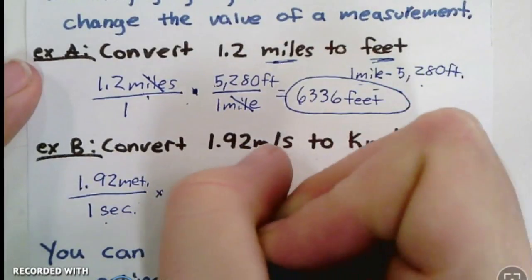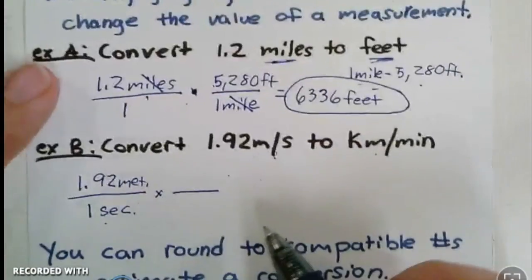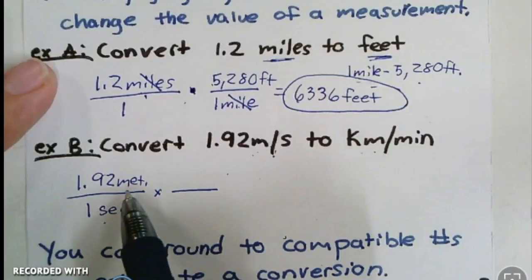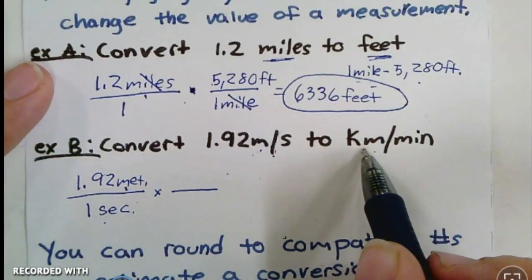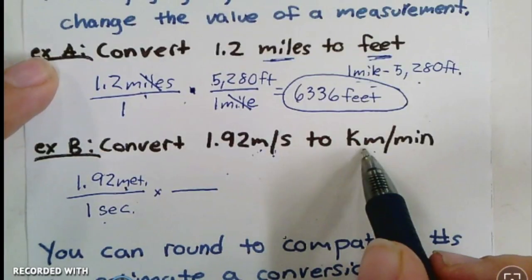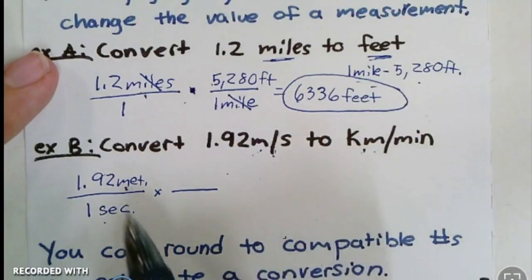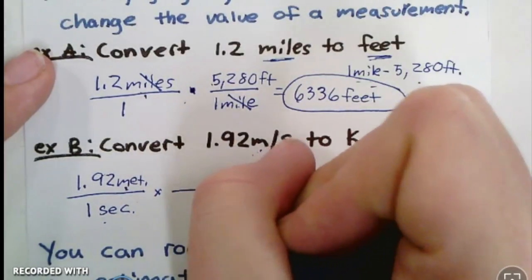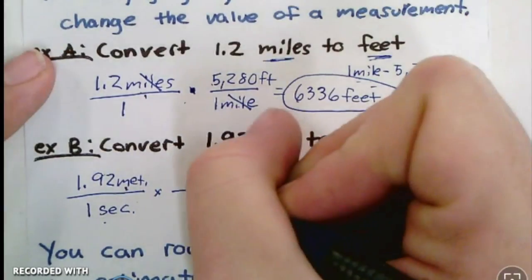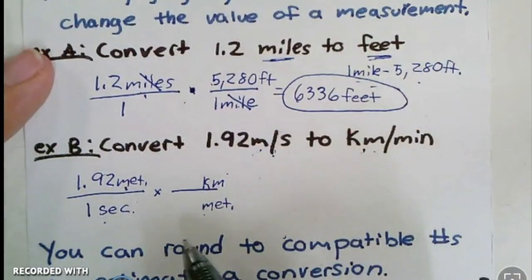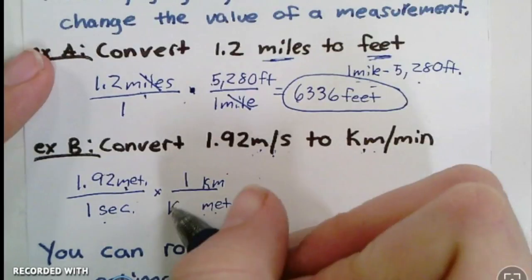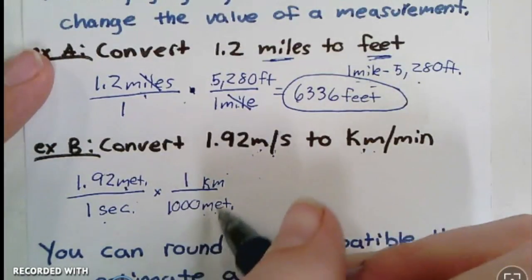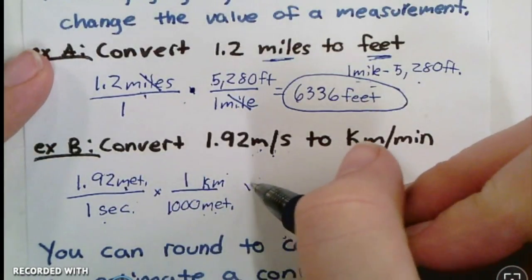And I want to multiply it first times a conversion factor that tells me the difference between meters and kilometers. So I know that 1 kilometer equals 1,000 meters. On the bottom, I want to put the meters, and on the top, the kilometers. So 1 kilometer equals 1,000 meters. But I'm not done.